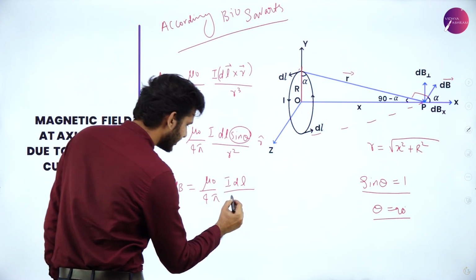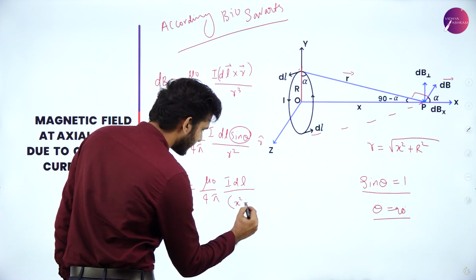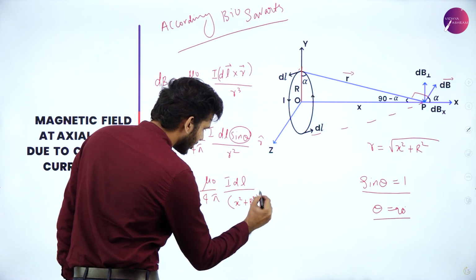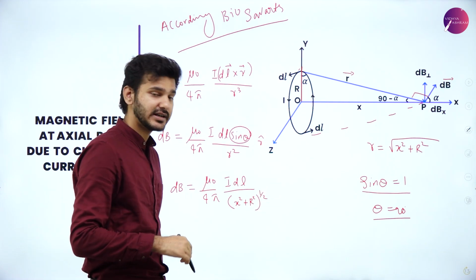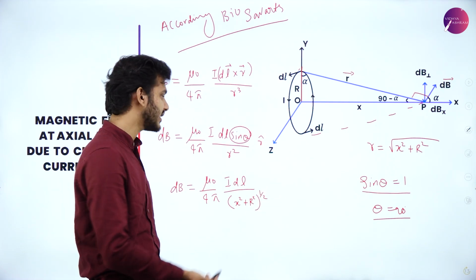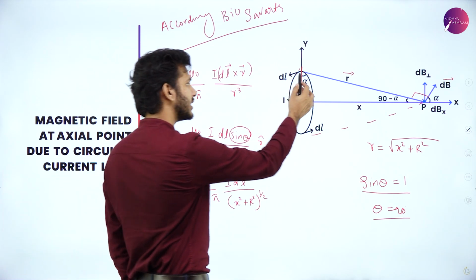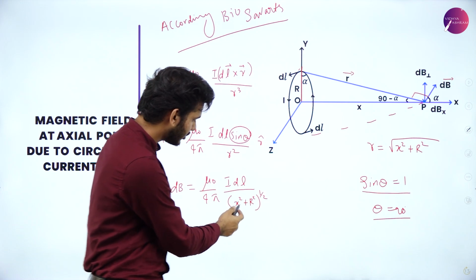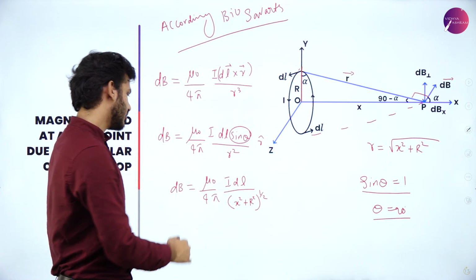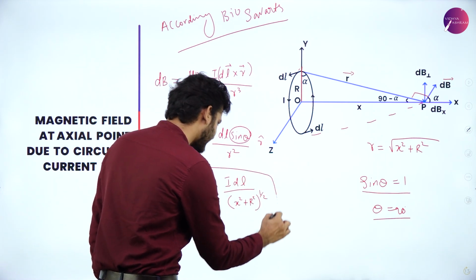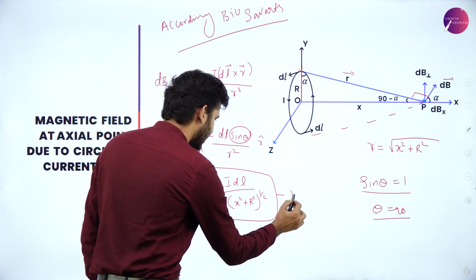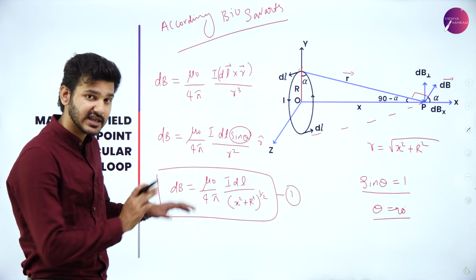So r is equal to x square plus R square whole raised to 1 by 2. That is, this distance is found through this equation. Let's say this is equation 1. We'll just keep it there.